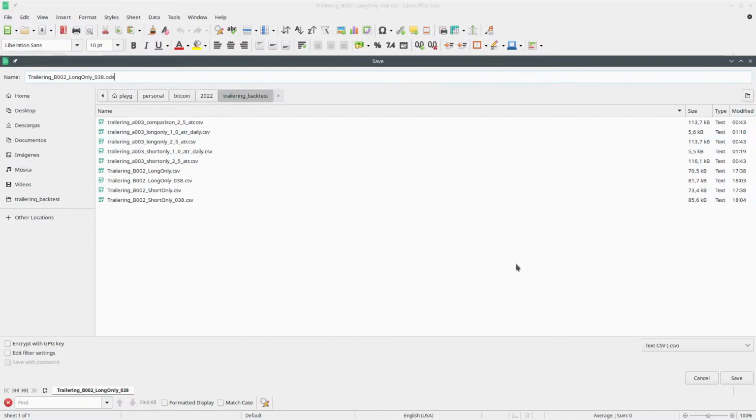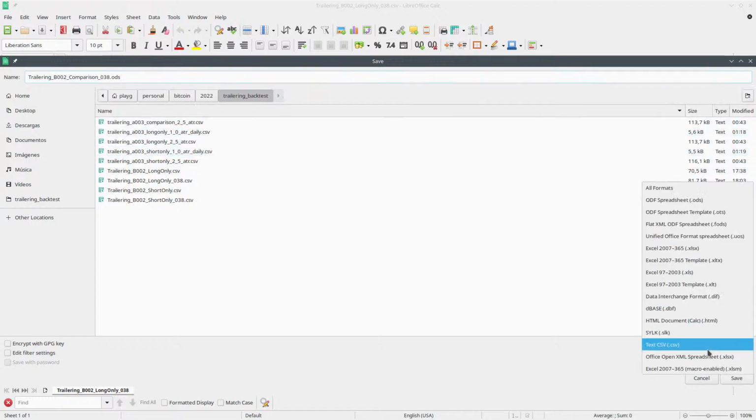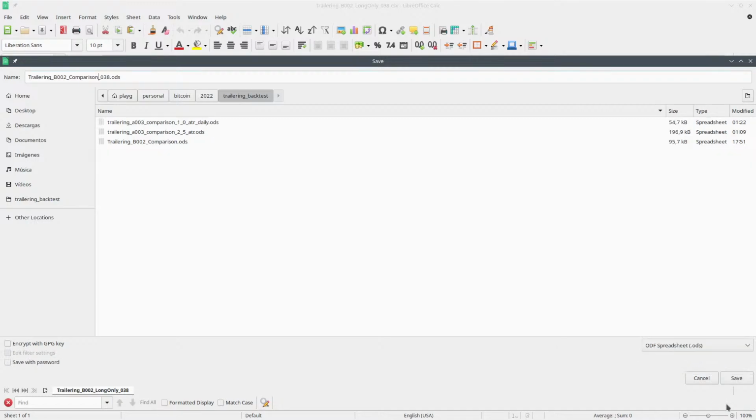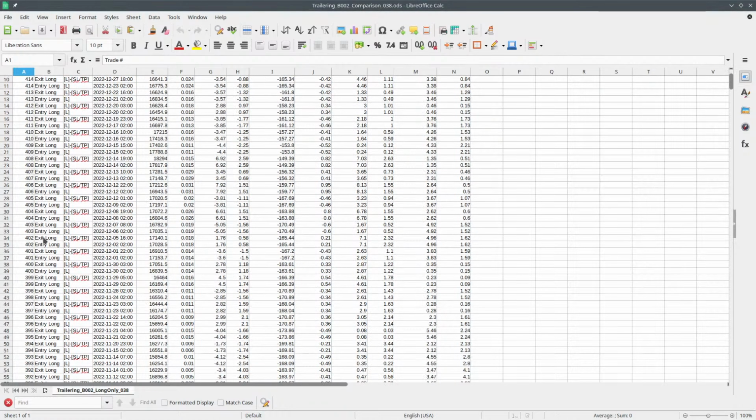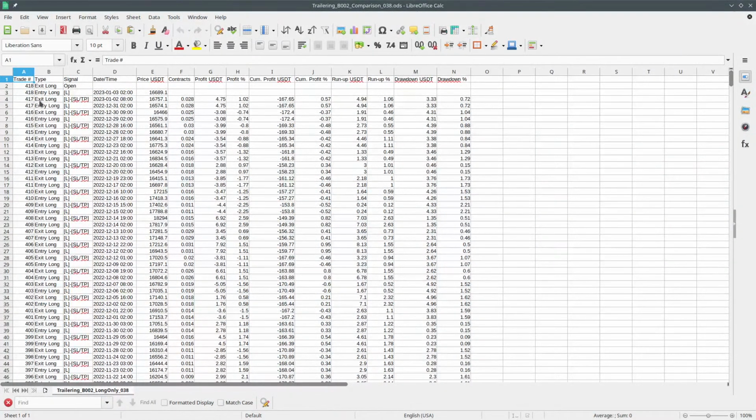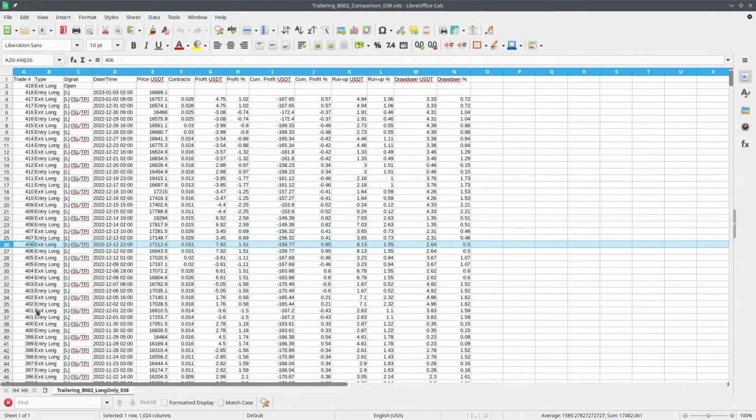Yeah, so this is an ODS. So this is the comparison, which should be an ODS. Nice. So as we have done before, we are going to get only the last 10 trades, which is 4.8 here. I mean 4.8, yeah, let's remove everything from here.